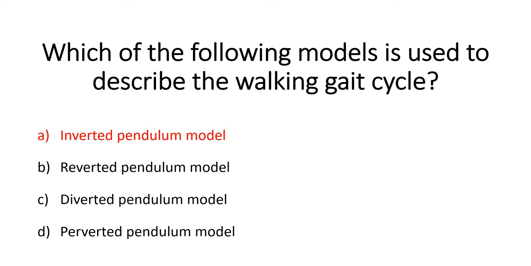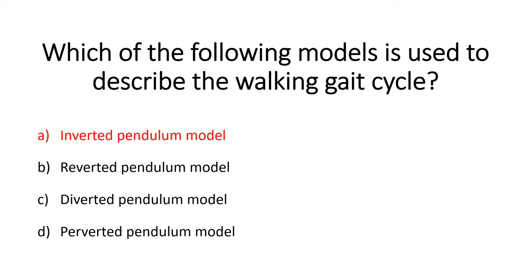And if you imagine a pendulum in a grandfather clock, it produces a pattern similar to that pendulum if it was flipped upside down or inverted. So hence inverted pendulum model. There's been a few revisions to it over the years and a few things that have been added and changed, but that is the original theory and that's how it's explained.